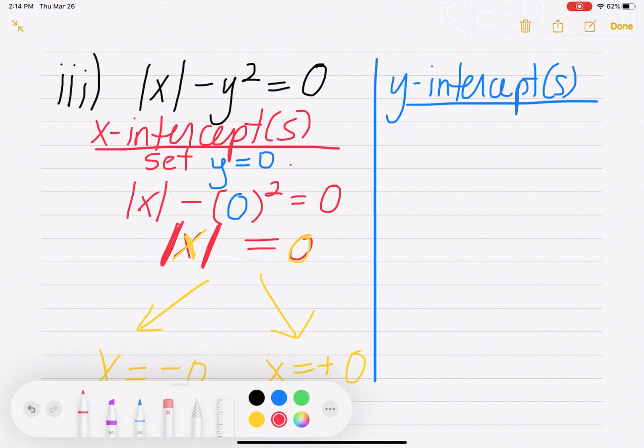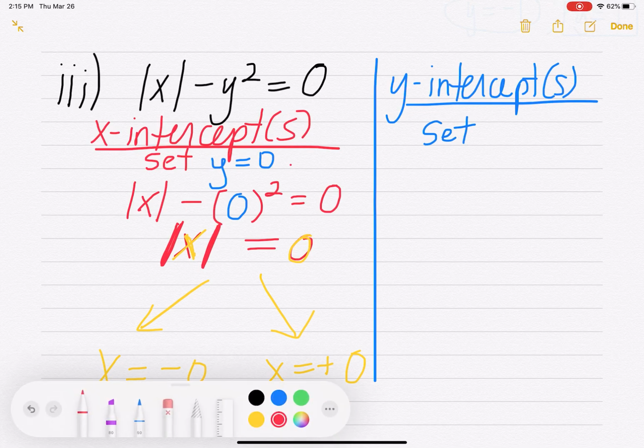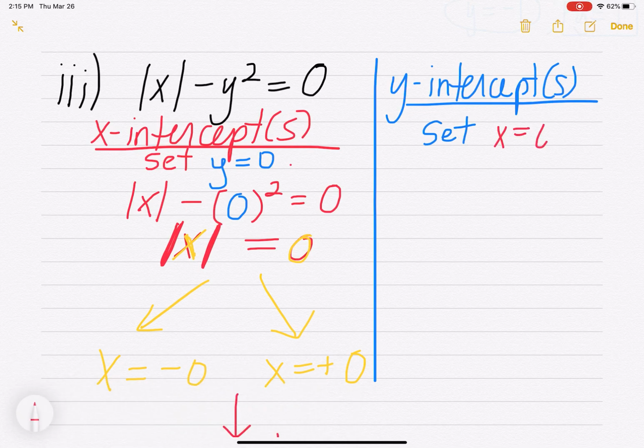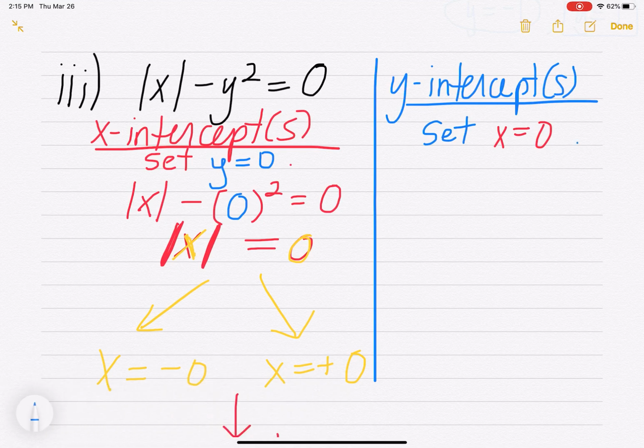All right, so now y-intercepts. We want to find the y-intercepts. So here we're going to set the x-coordinate equal to 0, and once we do that, we're going to solve for y. So here it goes. I've got the absolute value of blank minus y squared equals 0.